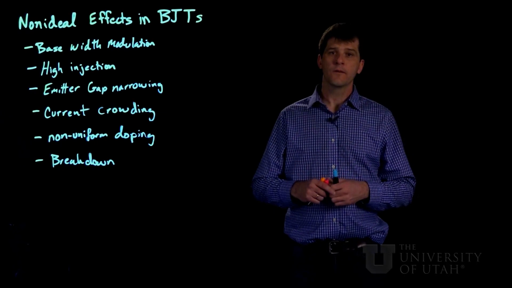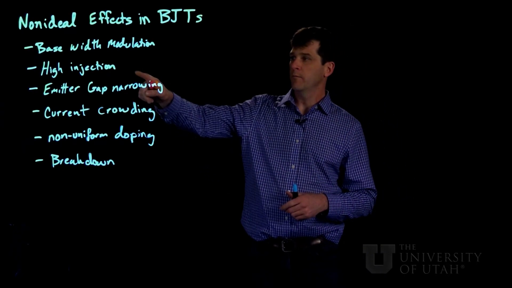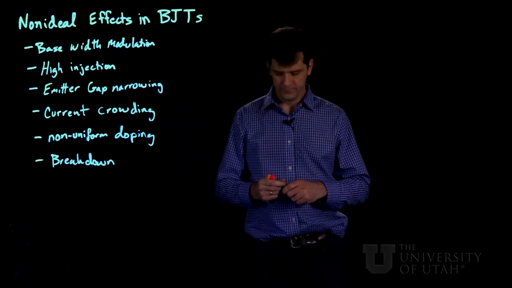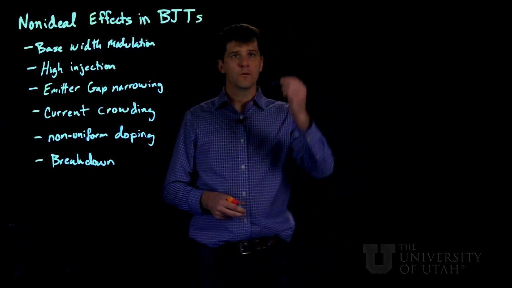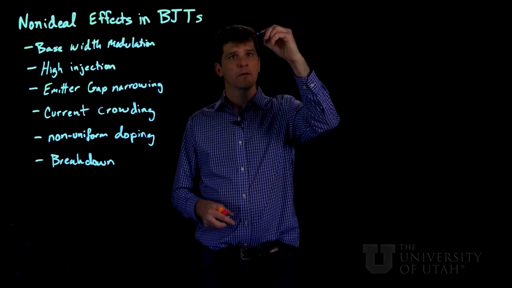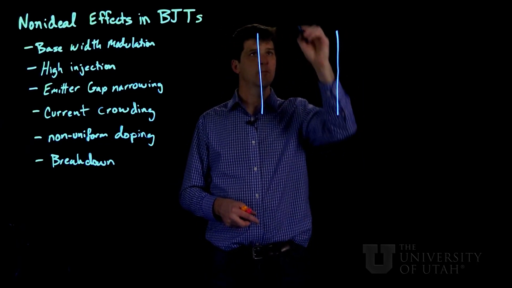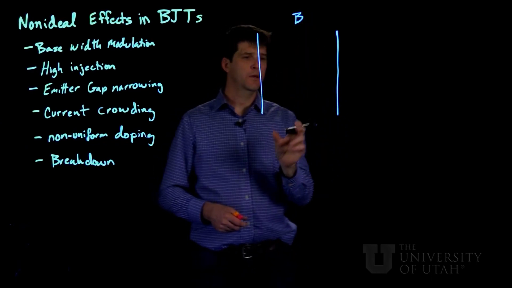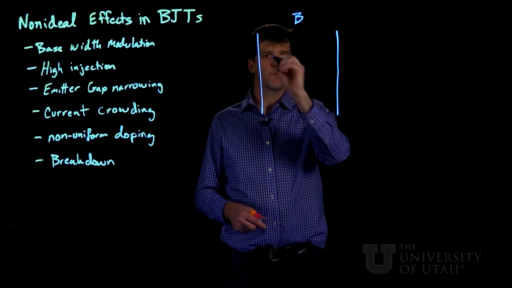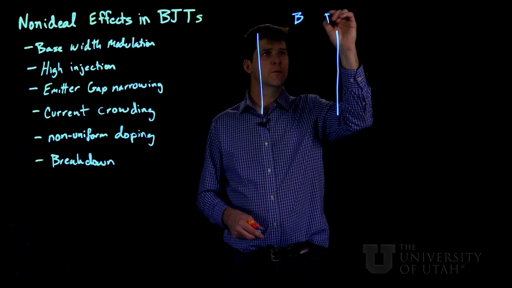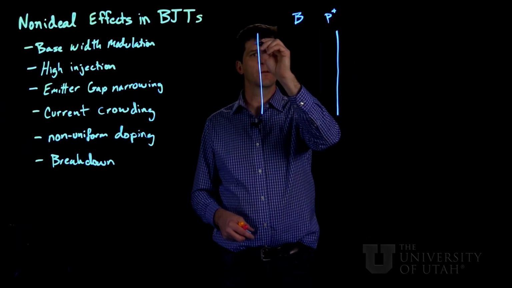So now let's look at our second type of effect, those having to do with high injection. So again, let's look at the carrier densities in our base region. And this base we'll assume to be P plus doped.